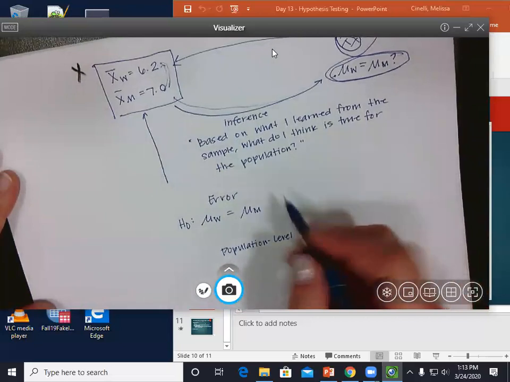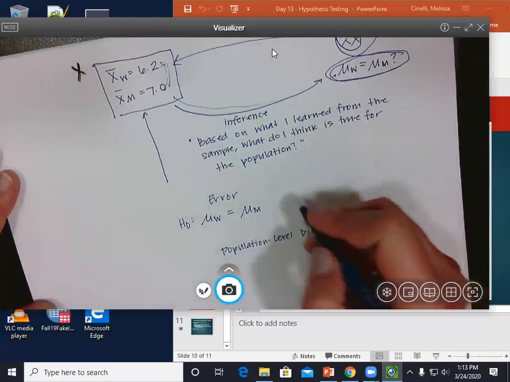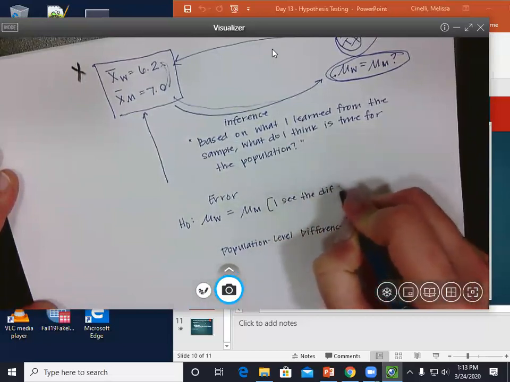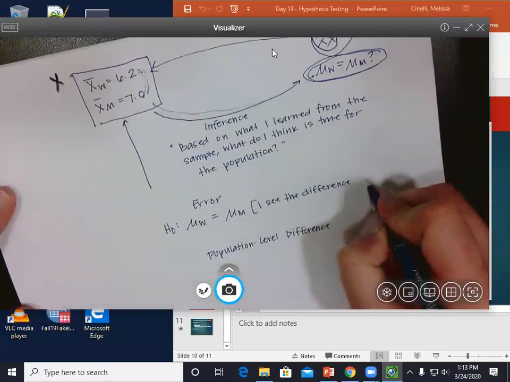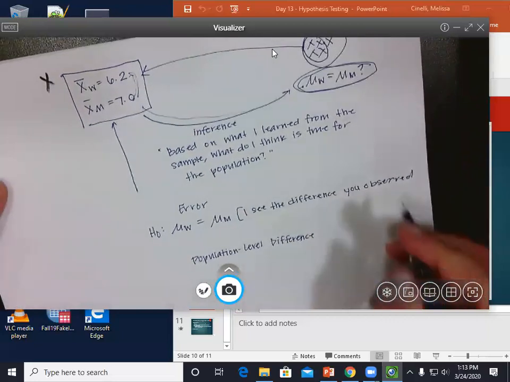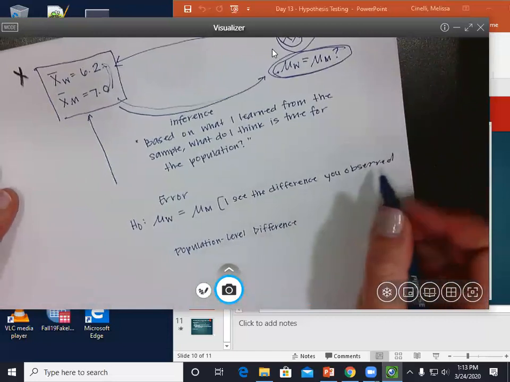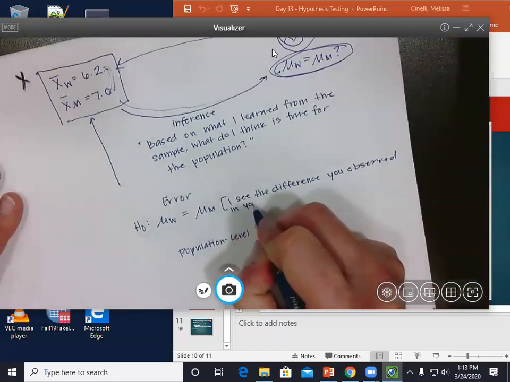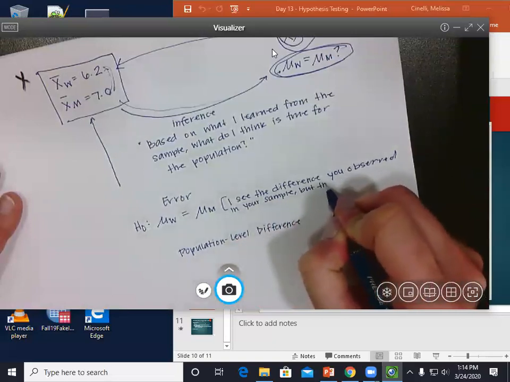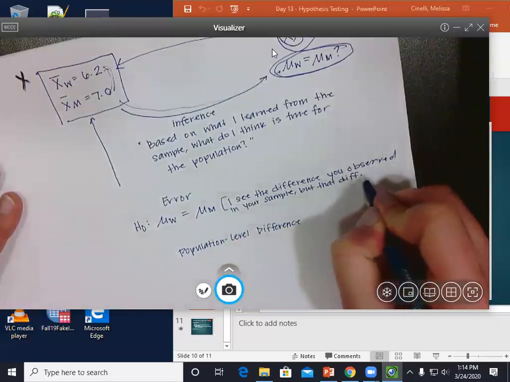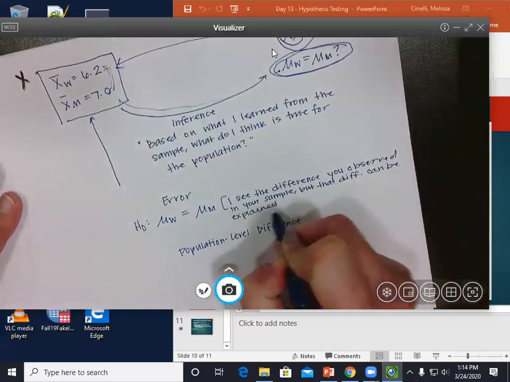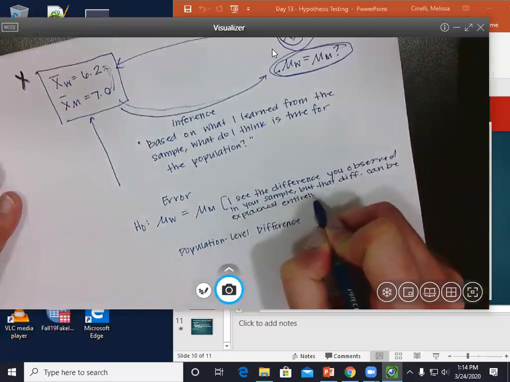What the null hypothesis is saying is, I see the difference you observed in your sample, but that difference can be explained entirely by error.